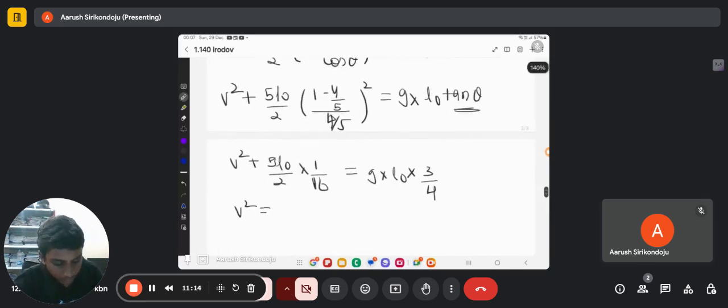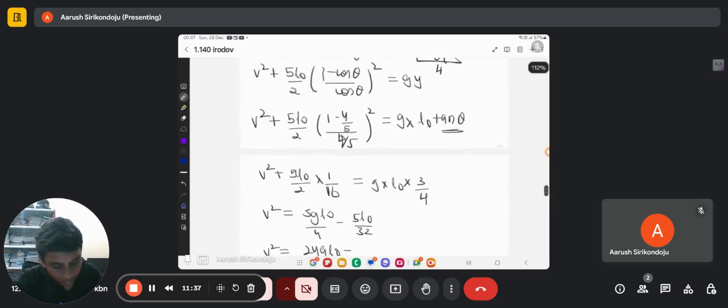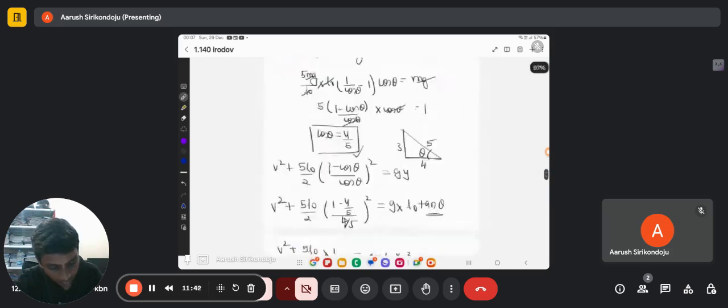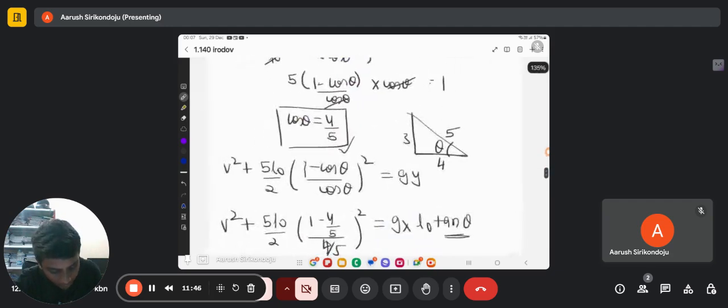Now V square equals 3G L naught by 4 minus 5 L naught by 32, right? Now V square is equals to 24G L naught minus, I think there should be a G over here, right?